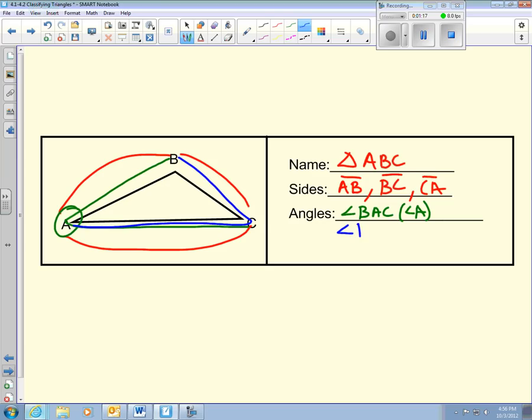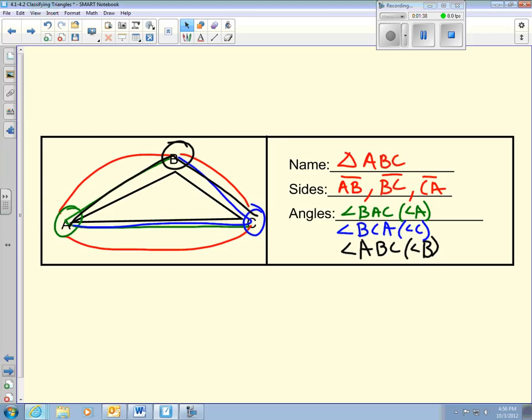So angle BCA, or we can name it again just by its vertex of C. And then our last one we have is ABC, so angle ABC, or we can name it angle B. All right, so that just gets out of the way some naming properties.